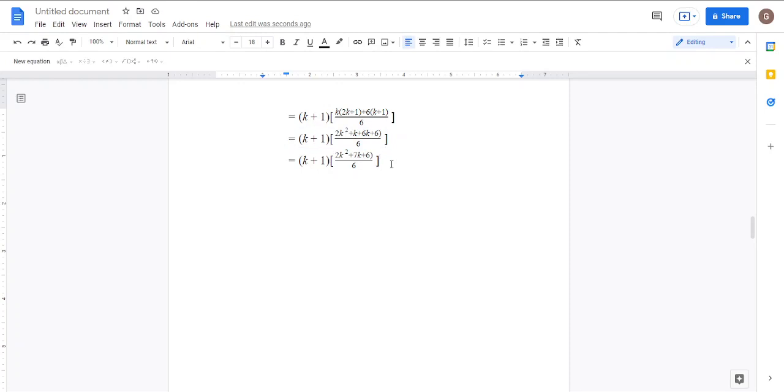Right. So next thing I'll do, so we can see it better, is I can move the 6 on the outside. We have a quadratic divided by 6, which is the same thing as the quadratic times 1 on 6.